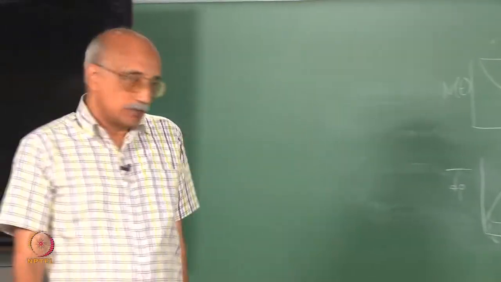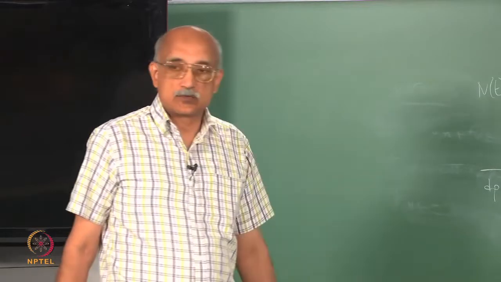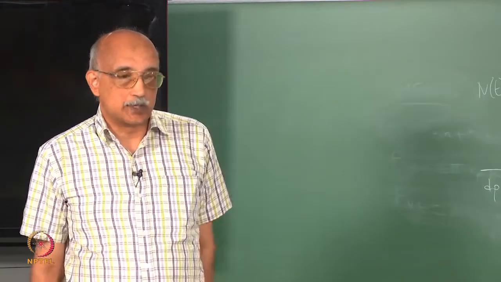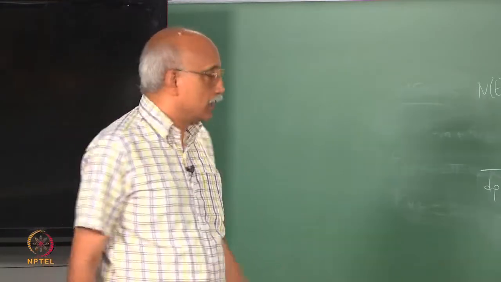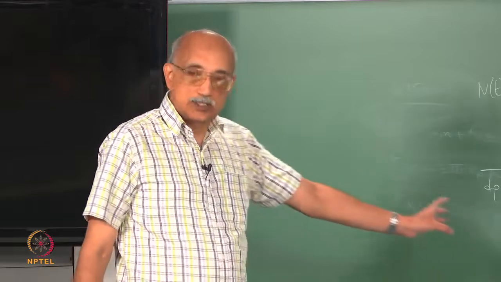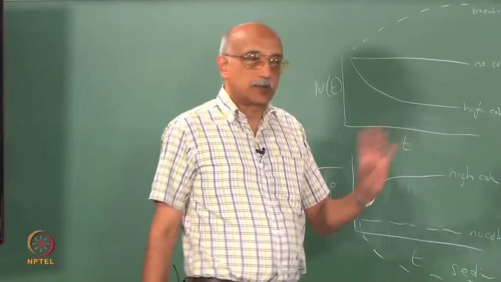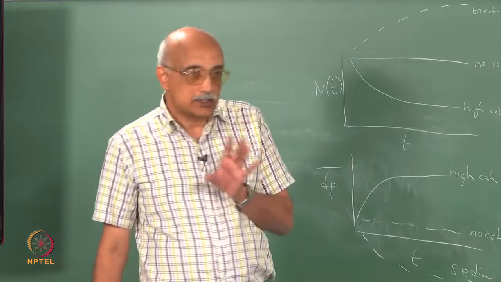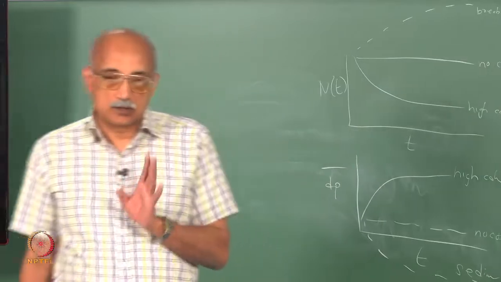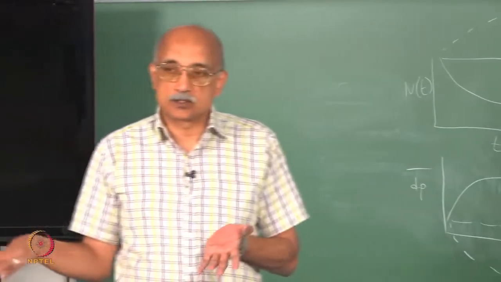So, very qualitatively, this is how you would check for cohesion happening in a suspension. Well, qualitatively, I mean it is certainly quantitative, but what I mean is that this is a very simplistic picture of what is happening. In reality, cohesion is not a monotonic process.